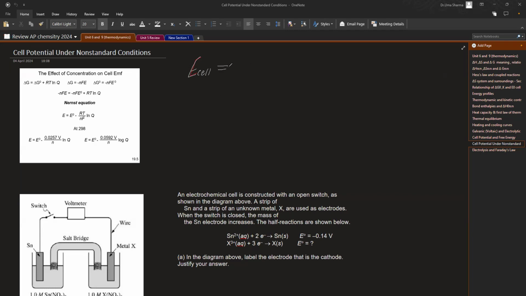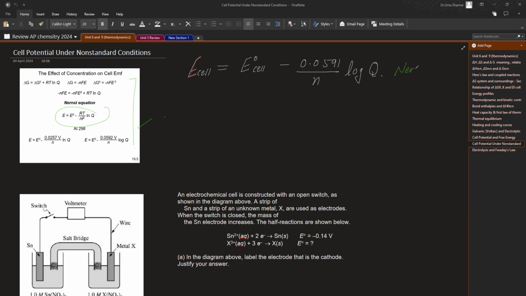And E cell is E naught cell minus 0.0591 over N log Q. This equation, we did the derivation. AP is not asking the derivation of this equation, but I think I explained the derivation. So this is the delta G naught equation. This is the Nernst equation. We call it the Nernst equation.